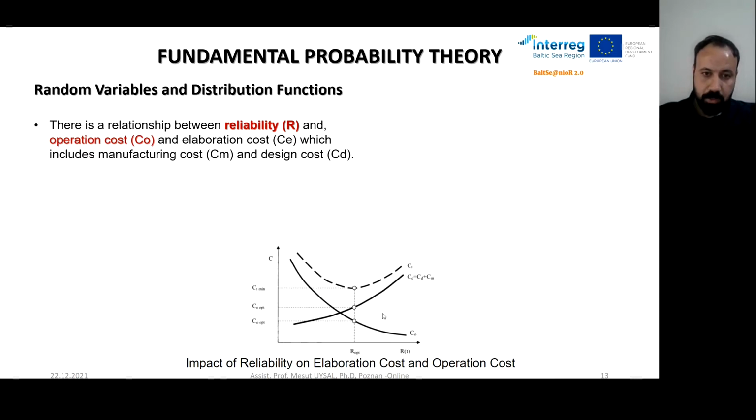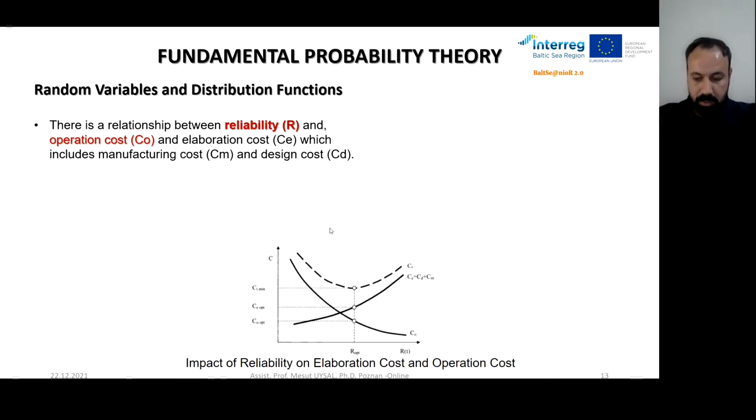This graphic shows reliability on the x-axis and cost on the y-axis. At first, if reliability is low, some costs are higher and some lower, and in some parts they come together. But if reliability increases, CO, the operation cost, decreases. If reliability is higher, operation cost is lower.